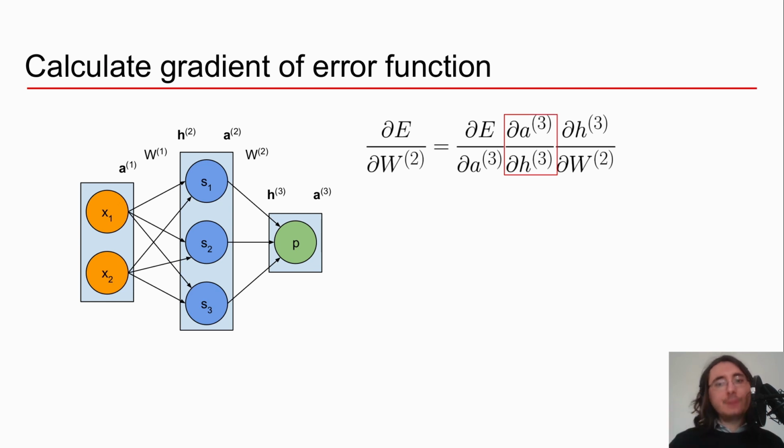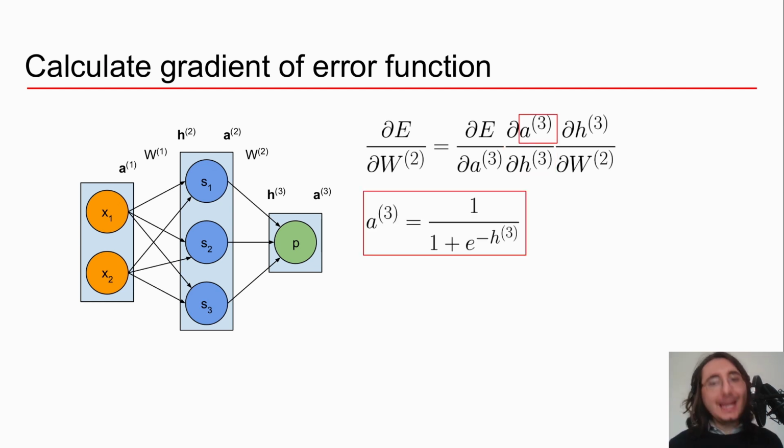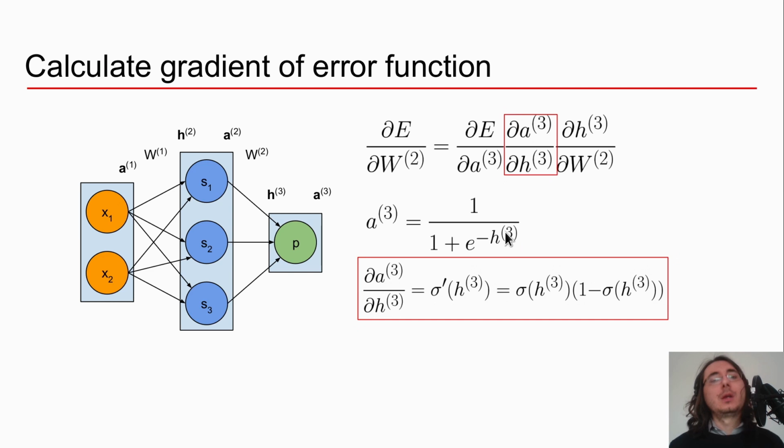Second block, the derivative of A3 over H3. Now, for the activations in this example, and as in the examples from the previous video, we are going to use the sigmoid function. And so A3, the prediction here, is going to be the sigmoid function calculated in H3. Cool.